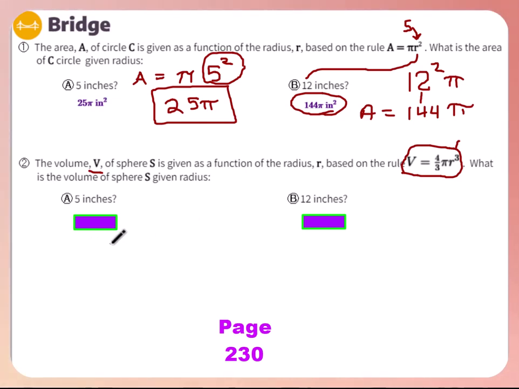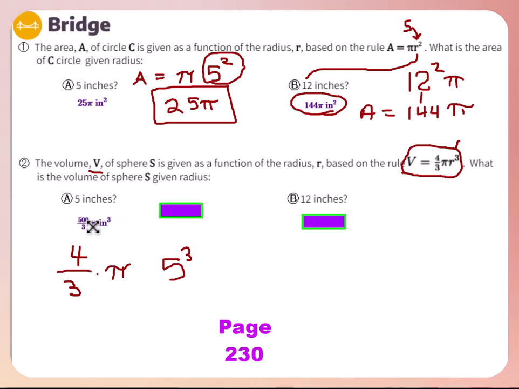All right, so we're going to take 4/3 and use your calculator or use Desmos. 4/3 times pi times the radius cubed. Okay, 5 times 5 times 5. 5 times 5 is 25. Times 5 is 125. Times 4 is 500.